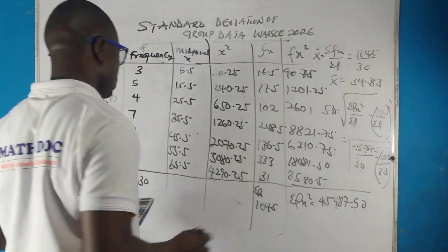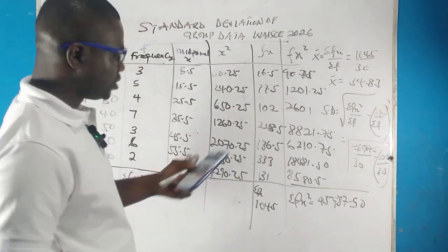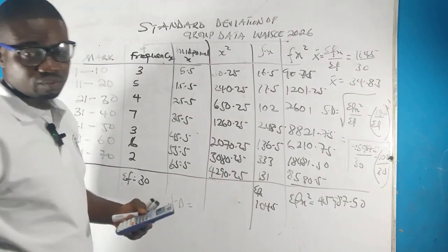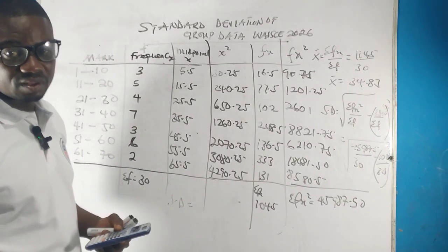So you just punch the values in your calculator, and when you do, you will arrive at the standard deviation.